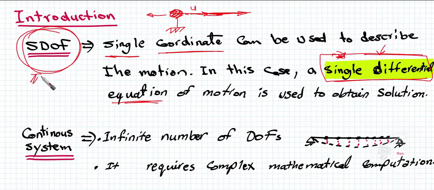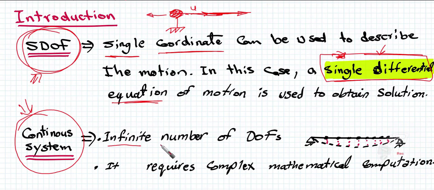The common case that we are going to face is another type of system. We call it the continuous system. In this continuous system, we are going to find an infinite number of degrees of freedom, which is totally different from the SDOF.